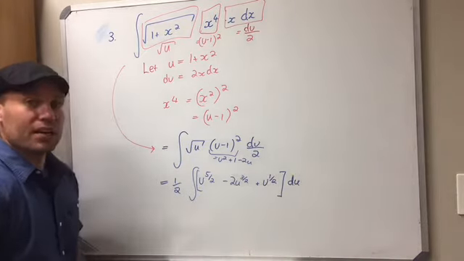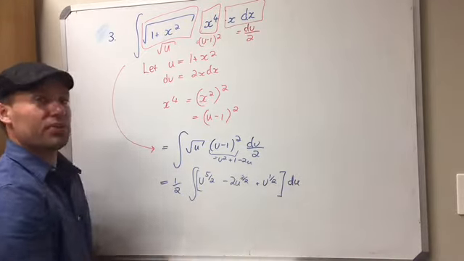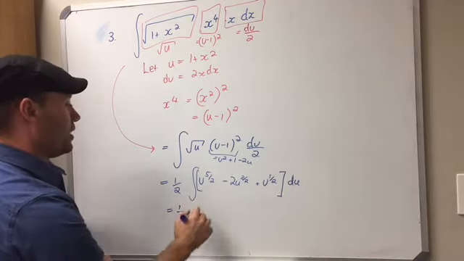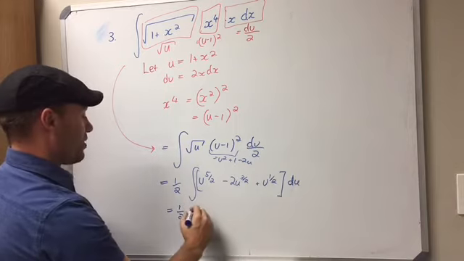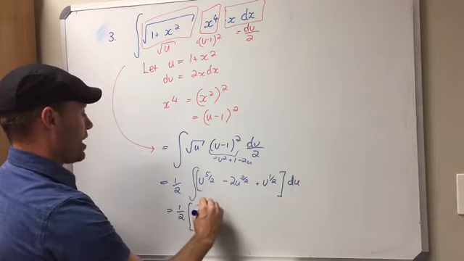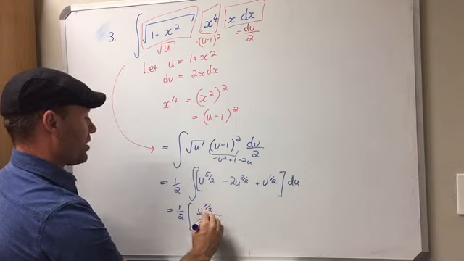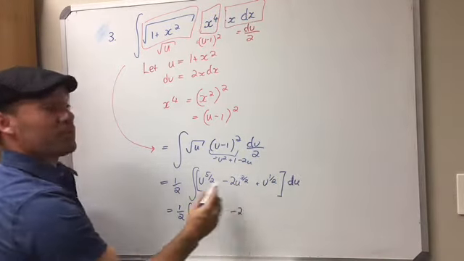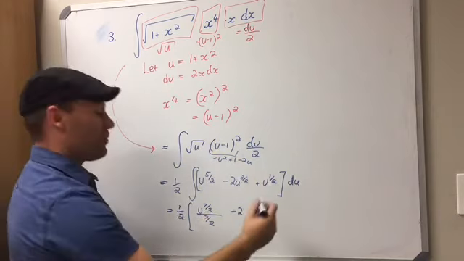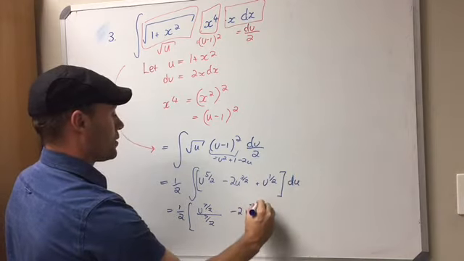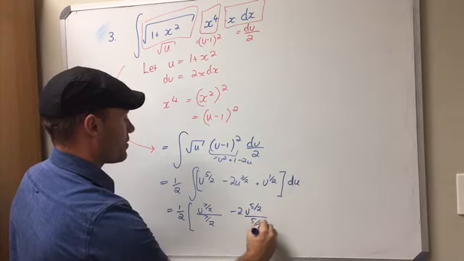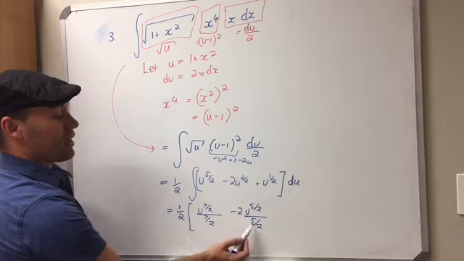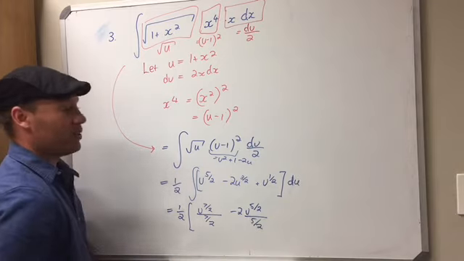This integral can be done quite easily. I can write it as a sum of 3 different integrals. Each of them is just an ordinary power law integral. So the integral of u to the power of 5 over 2 is u to the power 7 over 2 over 7 over 2, minus 2 times the integral of u to the power 3 over 2, which is u to the power 5 over 2 over 5 over 2, so that when you differentiate it, the 5 over 2 is going to come down and cancel with the 5 over 2 below, and you'll get out u to the 3 over 2.